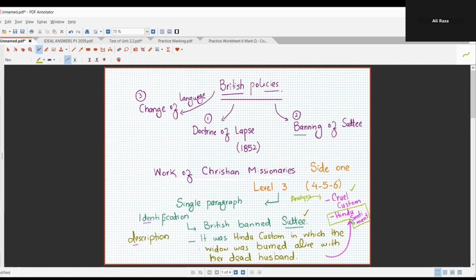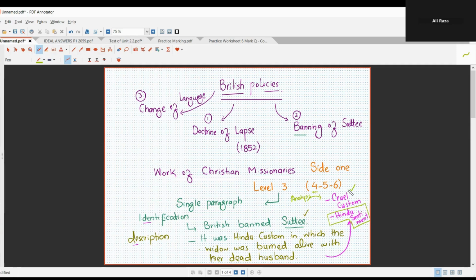So whatever you write as a first paragraph will get you the 4 marks. अगर आप banning of सती लिख देते हैं, if it's a 10 mark question, you will get 4 marks. Okay, and then you will talk more about banning of sati, so you will get the 5th mark, and another paragraph will get you the 6th mark.